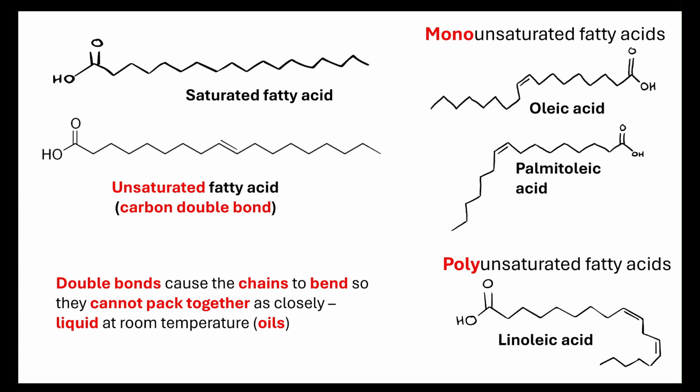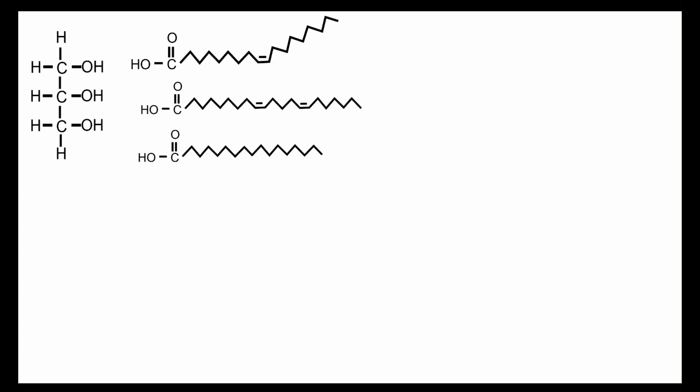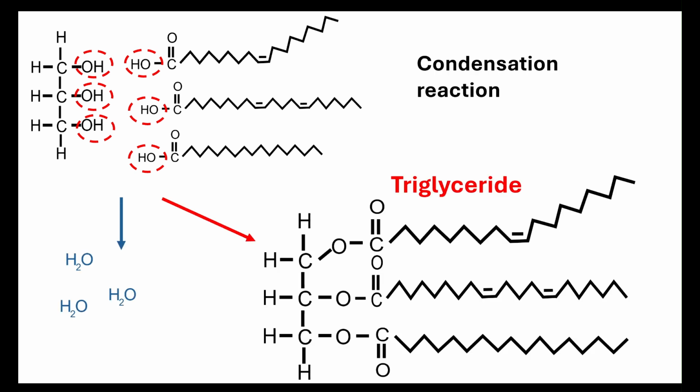So if we take a glycerol molecule and we take 3 fatty acid chains and we note that we have our hydroxyl groups here, we can do a condensation reaction. Remember, a condensation reaction is where you are removing water. In this case, because we have 3 fatty acid chains that we are going to add into our glycerol molecule, we are going to produce 3 water molecules.